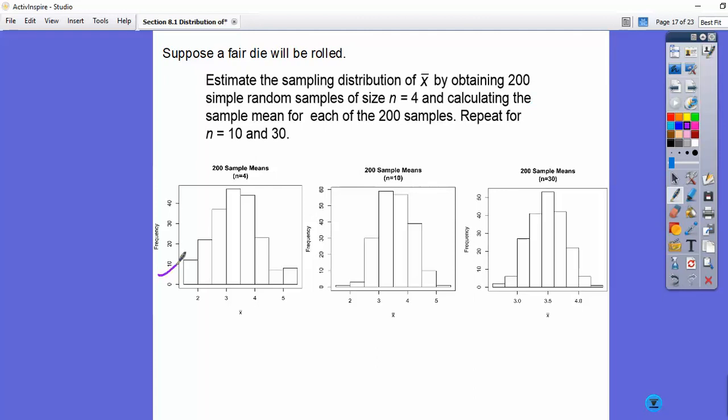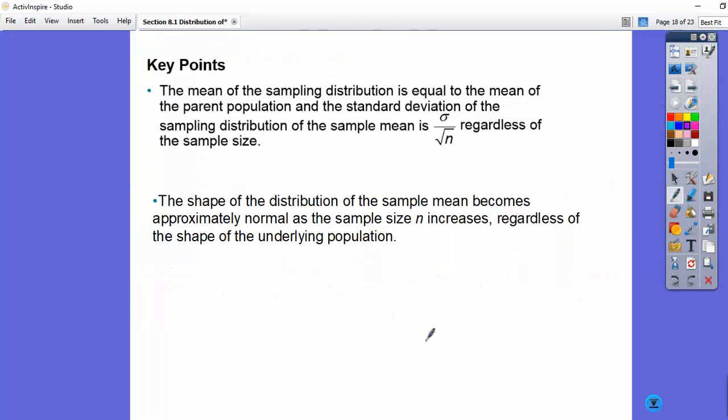I see this one kind of follows it a little better, and this one is even better. So actually what happens, even if the original distribution isn't normal, the sample means can be normal. And it depends on the size of our sample.